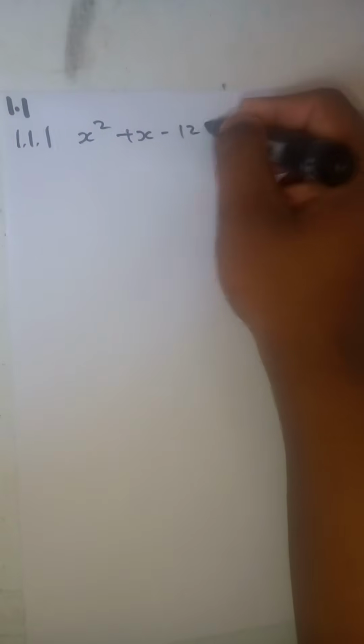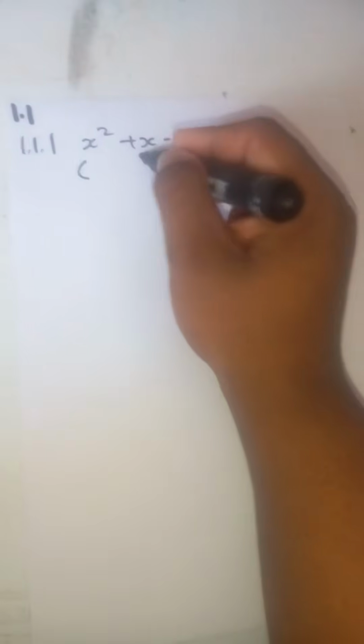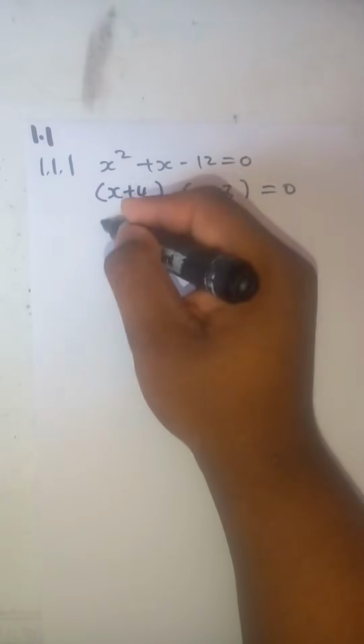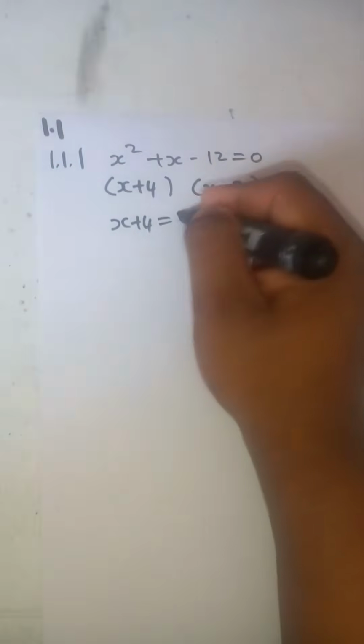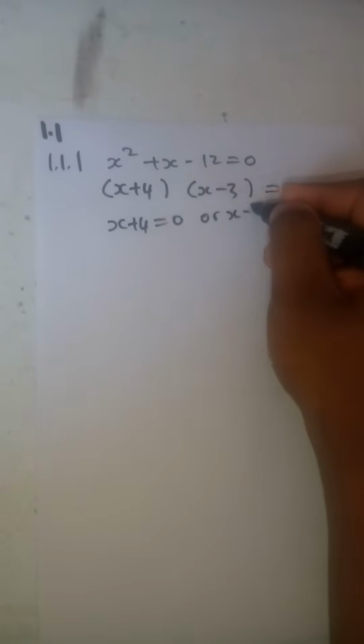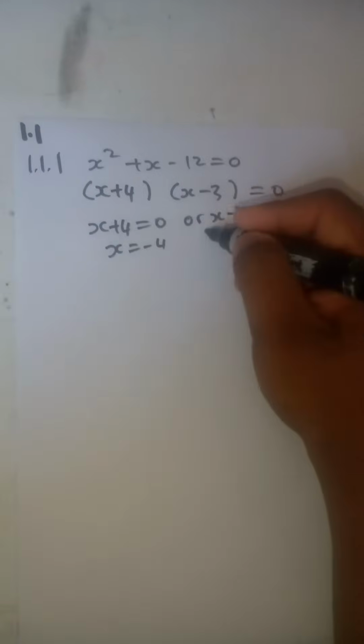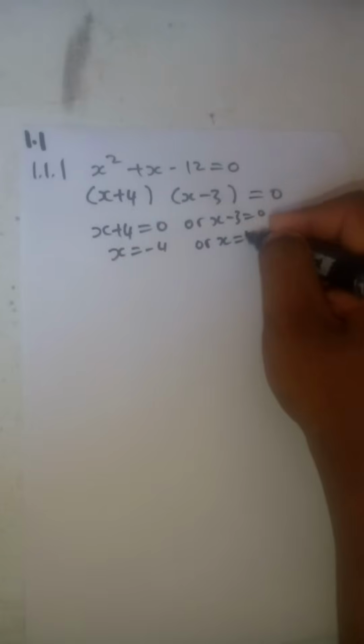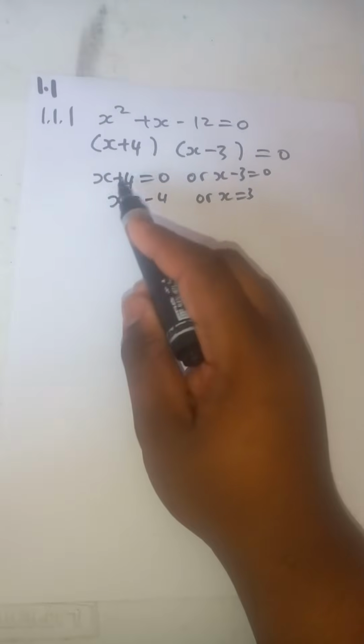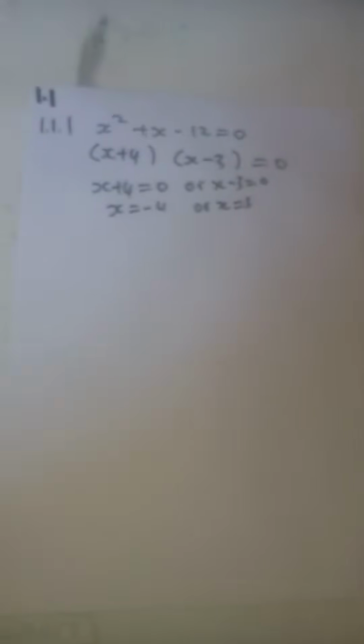I need to have x squared plus x minus 12, so I have x plus 4, x minus 3 equals 0. It means x plus 4 equals 0, or x minus 3 equals 0, which means x equals minus 4 or x equals 3, because you're going to transpose the 4 to the other side, and that is the same thing.